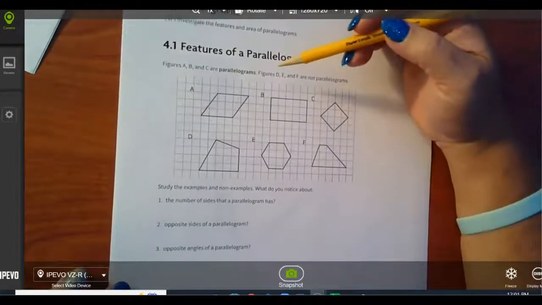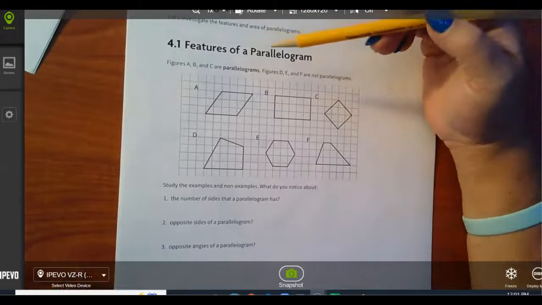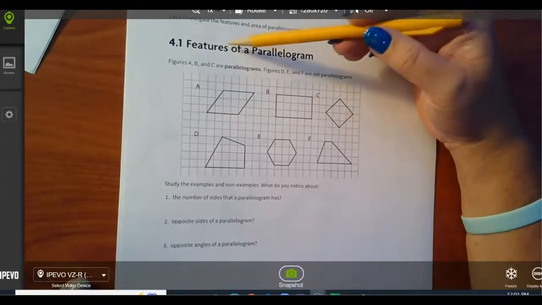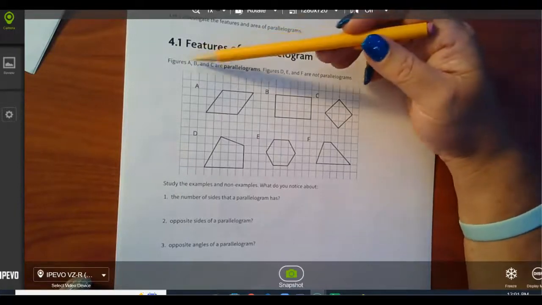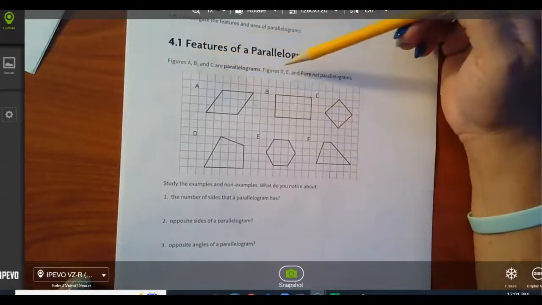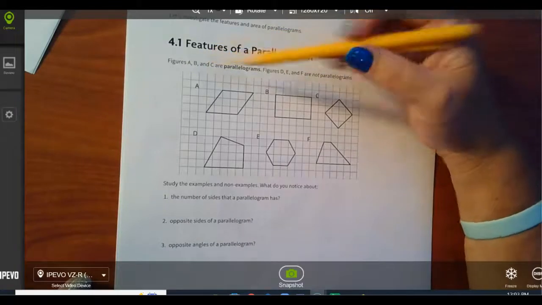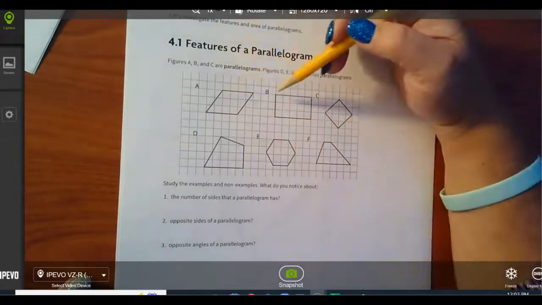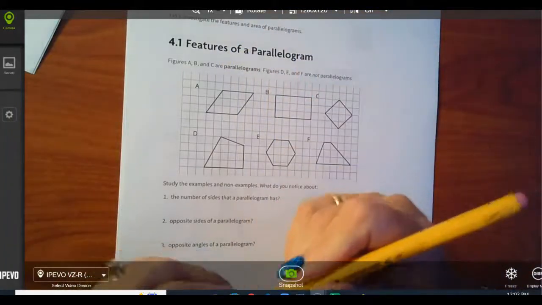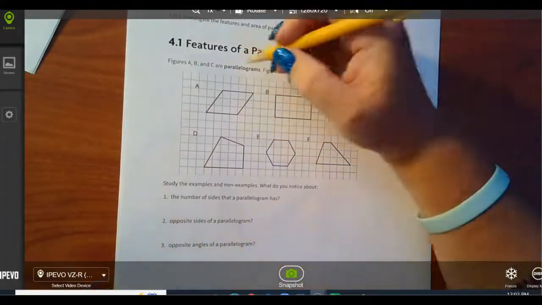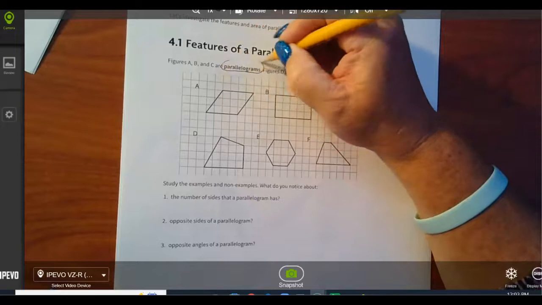And so for our Ed puzzle for tonight, we're talking about the features of a parallelogram. You're looking at figures A, B, C, and figures D, E, F. It says here that figures A, B, and C are parallelograms.